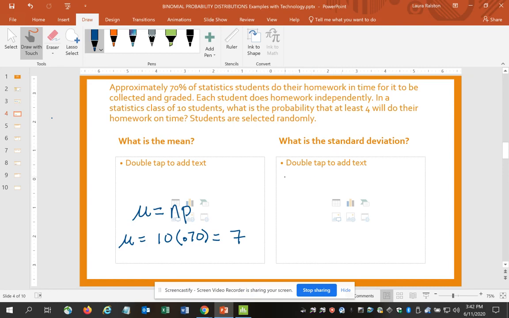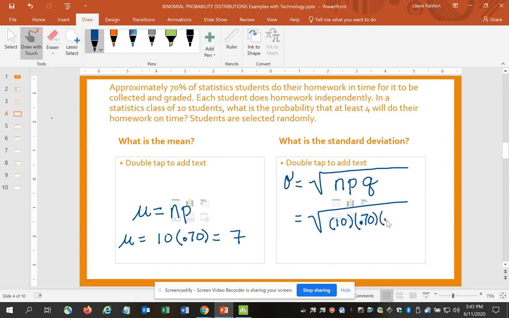The standard deviation is also formula based. It is the square root of n times p times q. So we would have the square root of 10, we've already identified these earlier, 0.70, 0.30. And again, this is strictly a handheld calculator calculation.